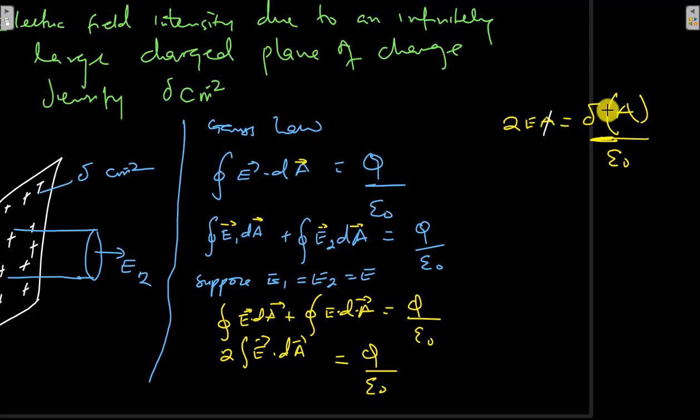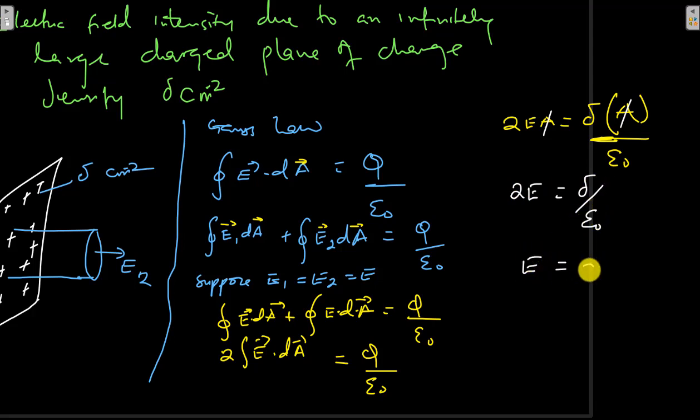Now this is one nice thing with Gauss's law, that every time there is symmetry, then the unknown term is always going to cancel out. In this case, it is very difficult to know what that area would be, but we can easily cancel that out so that we get a generalized equation. So we have 2E equals sigma divided by epsilon naught.